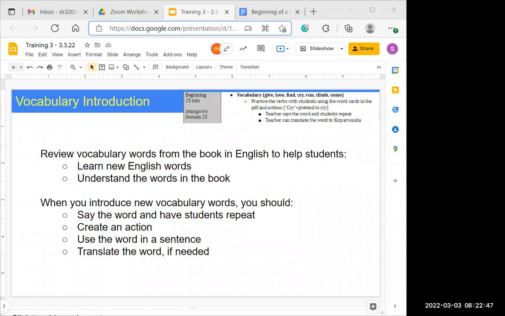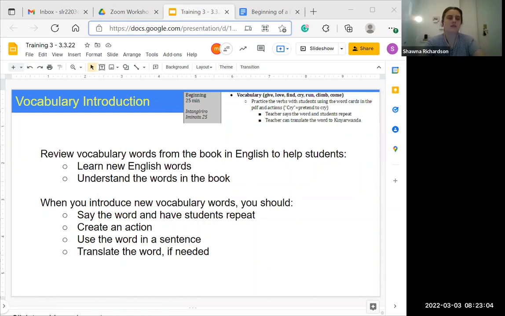The words help to wake them up and help them understand the story. Also, to learn English, to teach them the new words in English. Thank you, Francine. Yeah, it's helpful for students who maybe don't have English to practice some new words.